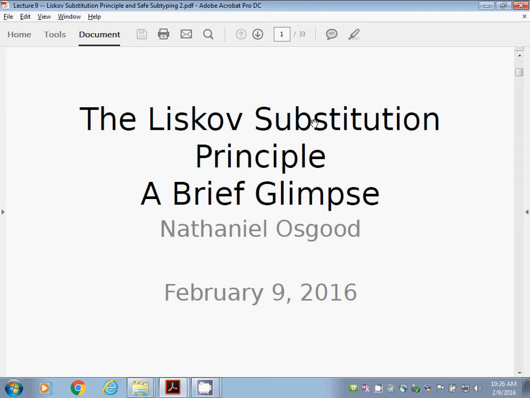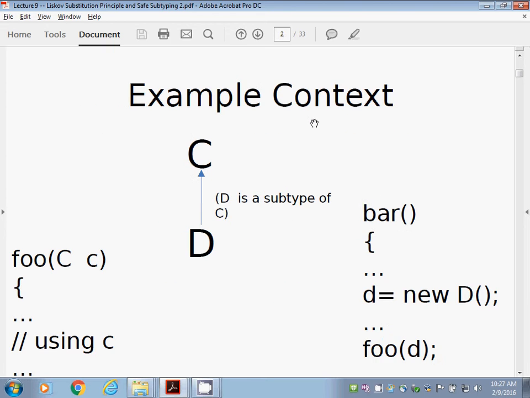And that's what this Liskov substitution principle is about. Liskov substitution principle is named after a guiding light in the computer science field, Barbara Liskov. It's also often associated with the name of another famous computer scientist, Jeannette Wing, who also was involved in formulating this together with Barbara Liskov.